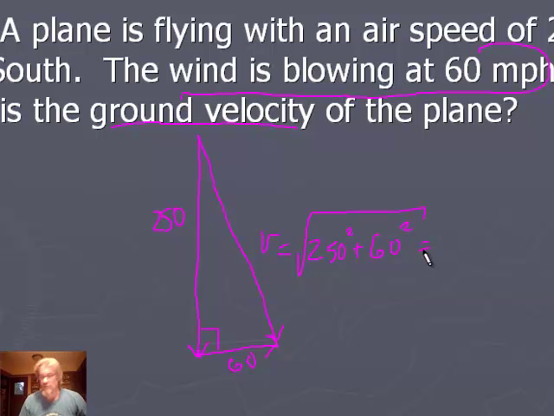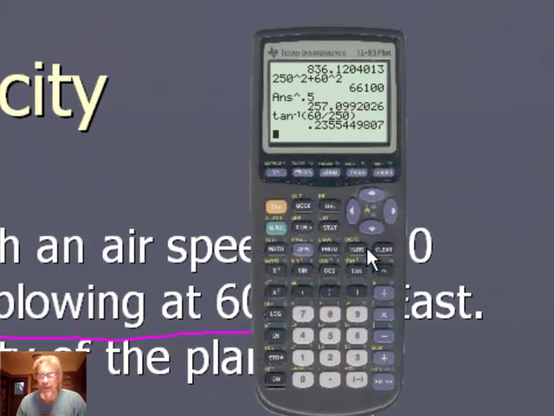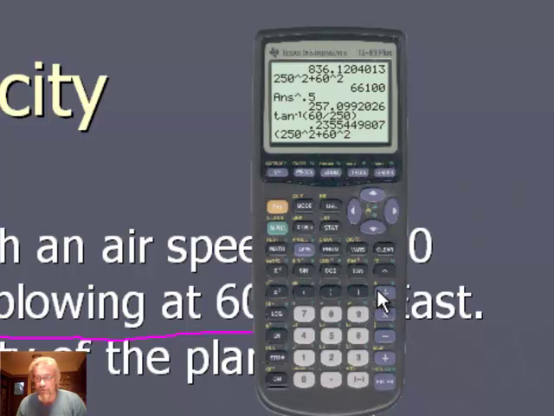Let's grab our calculator, slide that into place here, and I'll put a set of parentheses in there, 250 raised to the second power plus 60 raised to the second power. I'll close my parentheses, and then I'll raise the whole thing to the 1/2 power, which is the same as taking the square root.